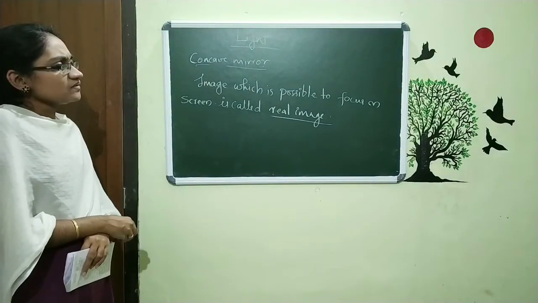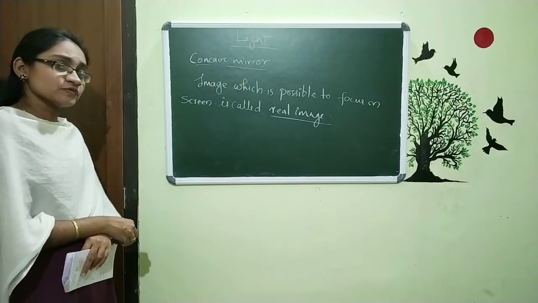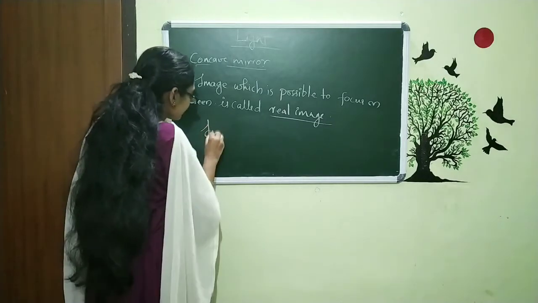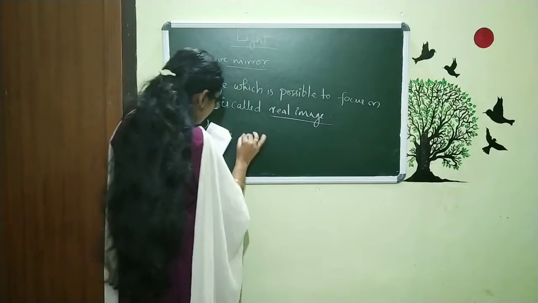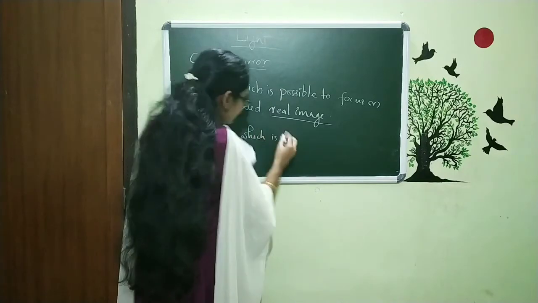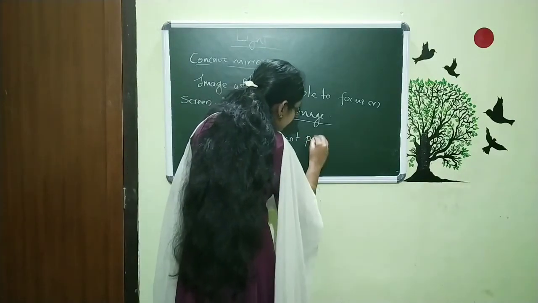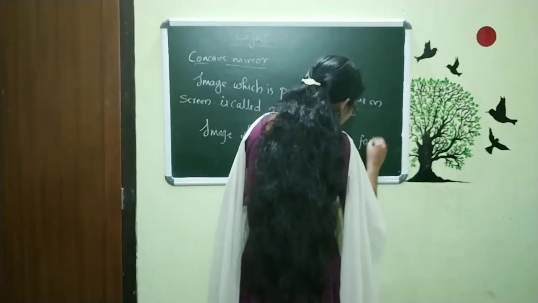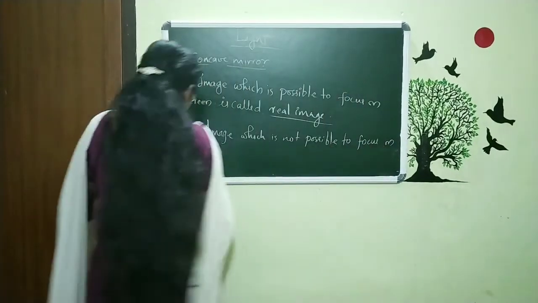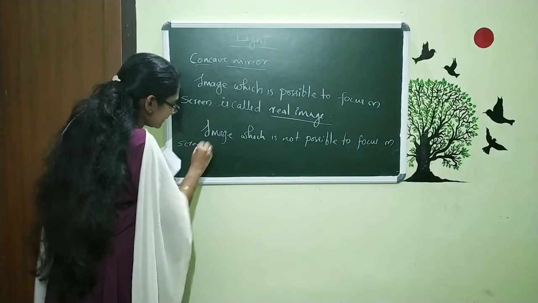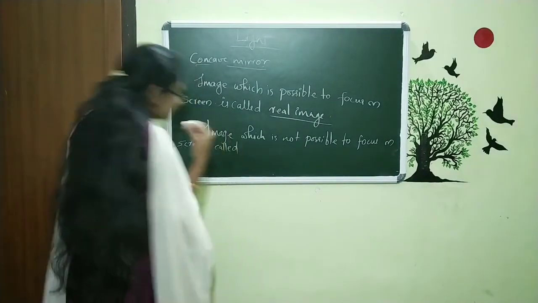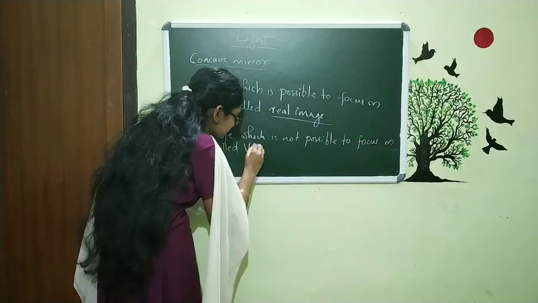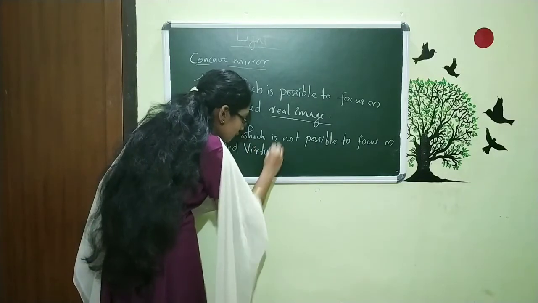And what's the name of the image which is not possible to focus on a screen? That we are going to look at. What's the name? The image which is not possible to focus on a screen is called a virtual image.